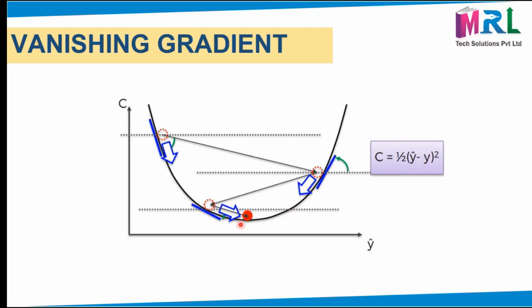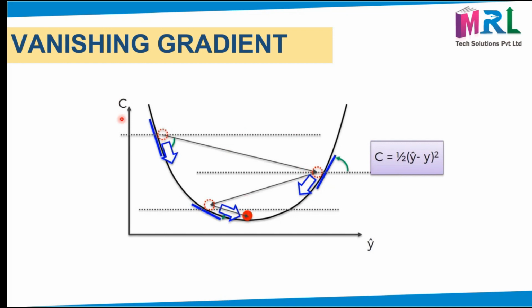Why we are using gradient descent is to reduce the error, or we can say to find the minimum cost function. C is the cost function, that is nothing but the predicted output minus the actual output, the whole square. So that is the mean square error. Okay, so actually gradient descent is used to find the minimum cost function.